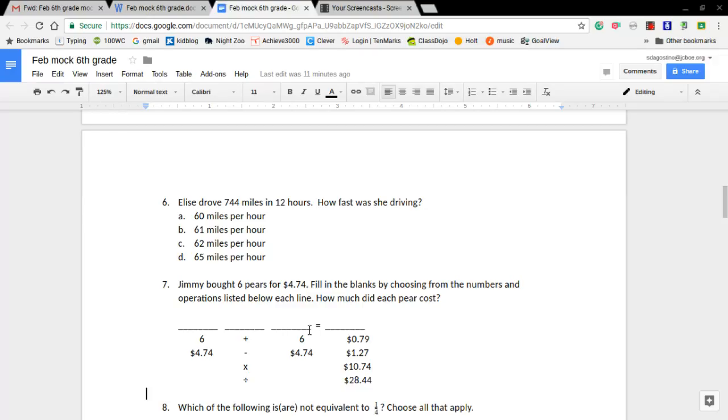For this line, you're going to choose 6 or $4.74. For this line, you're going to choose 79 cents, $1.27, $10.74, or $28.44. To solve, Jimmy bought 6 pears for $4.74. How much did each pear cost?